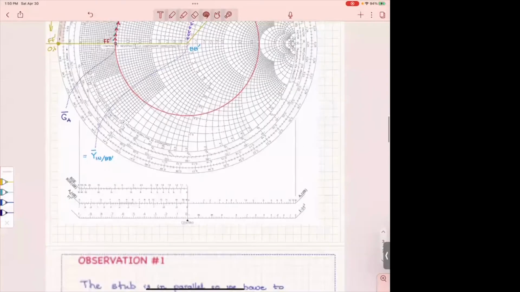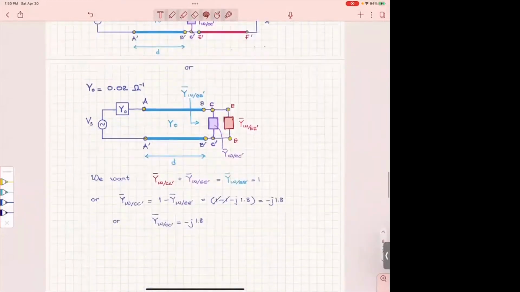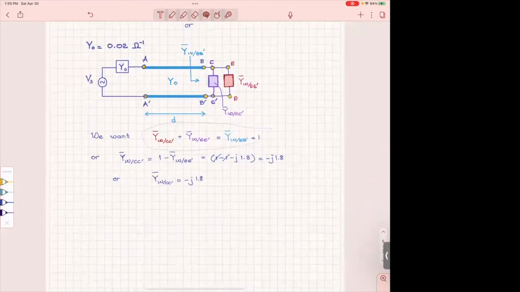So now we go back to this equation we had. We are looking to now compute this value, and we write this as 1 minus this one.